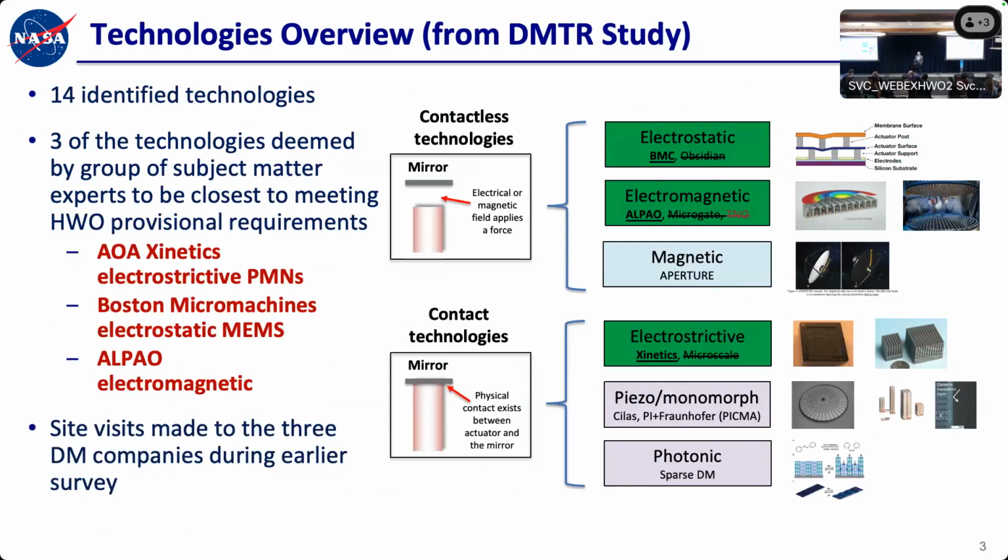And then yet another one, which is electromagnetic devices from Alpao. These 3 vendors were given a little bit of money to do a study for us so that we can scope what a roadmap to getting to the device that we want will look like.